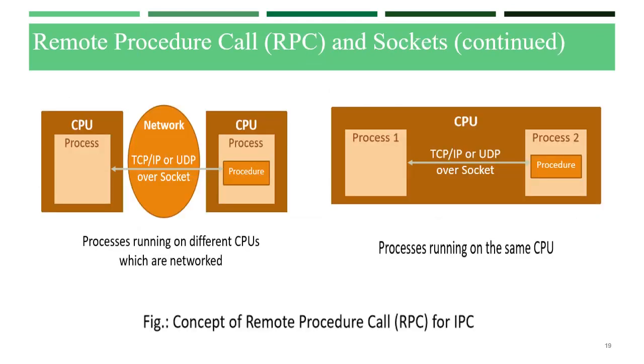Here this diagram shows the concept of a remote procedure call. In the first diagram we can see the processes which are running on different CPUs which are networked, and the next diagram, figure 2, shows the processes which are running on the same CPU.